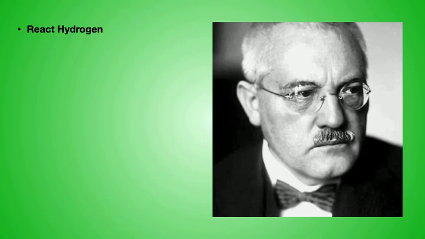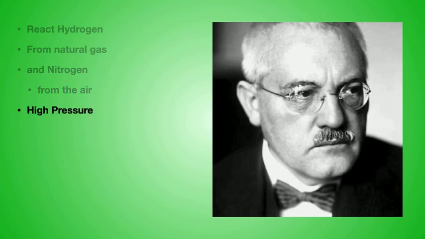It involves reacting hydrogen, which we get from natural gas, and nitrogen, which we get from the air. We do it at high pressure, about 100 atmospheres. We do it at moderate temperature, about 450 degrees Celsius, because remember that's a kind of trade-off. It's a temperature that will give us a reasonable amount of ammonia reasonably quickly.